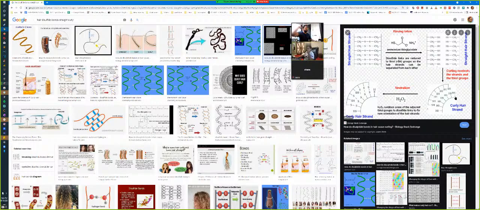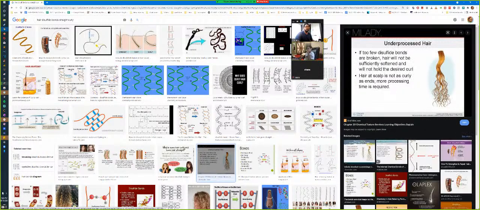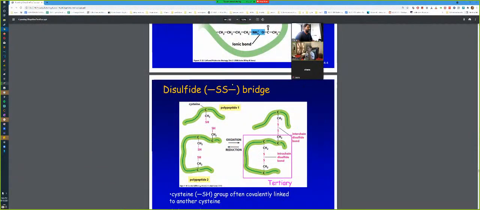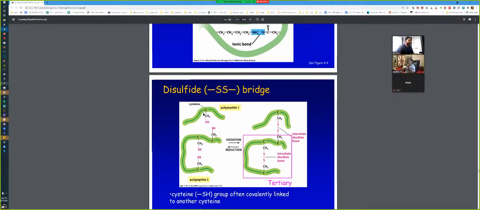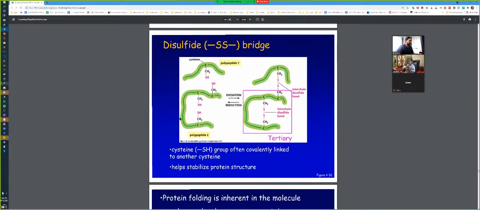That's why they use a curling iron that has a cylindrical shape, and then they make the disulfide bonds again. But anyway, that's just an example. Anyway, disulfide bonds, right?